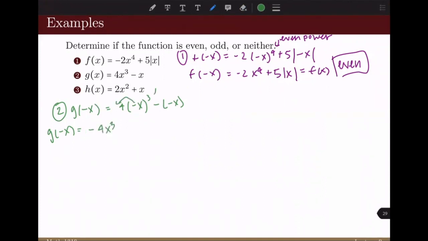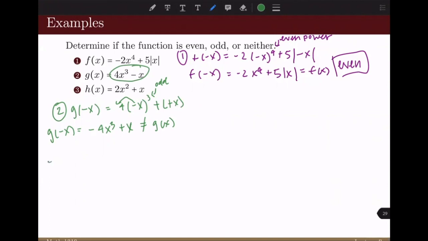We can do that because this is an odd power. So odd powers keep the negative, even powers, they cancel out, right? And then here, once we distribute this negative, we'll get plus x. Okay, so this is not equal to g of x, right? This is not the same function.